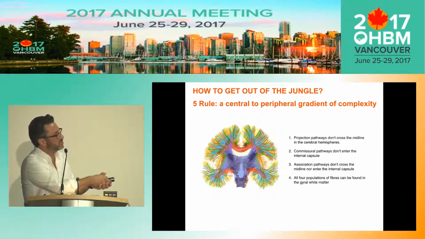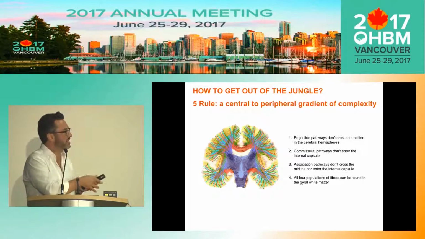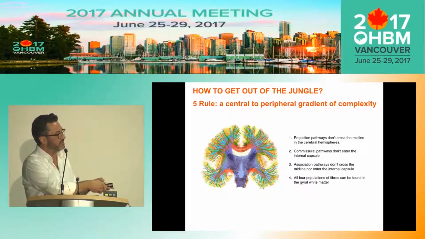The same is not true if you are in the middle, in the core. So rule number one, projection pathways do not cross the midline, so you will never find projection fibers going through the red patch, the corpus callosum, and vice versa. You will never find commissural pathways going down this blue patch.